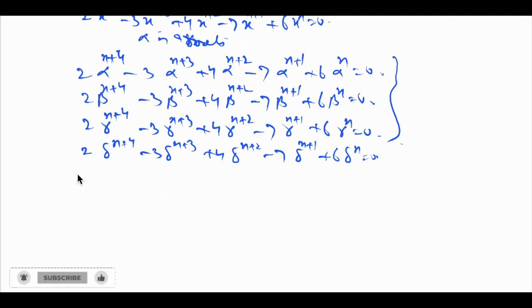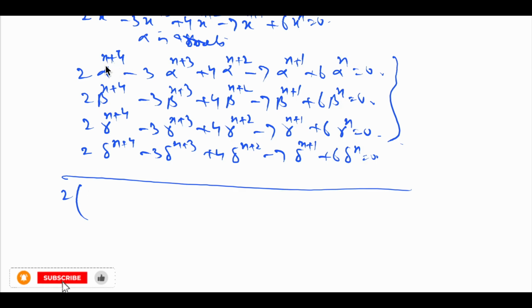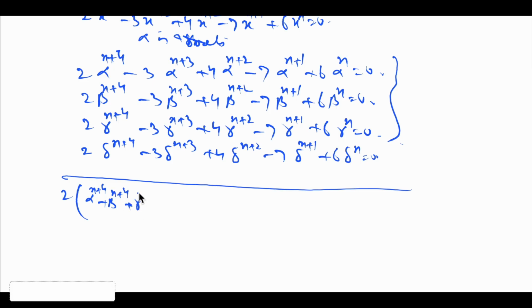If I add these, 2 is common, so I can say it is alpha power n plus 4 plus beta power n plus 4 plus gamma power n plus 4 plus delta power n plus 4.